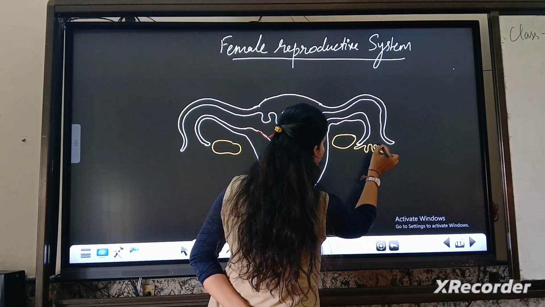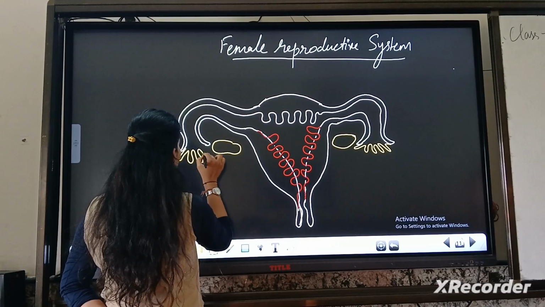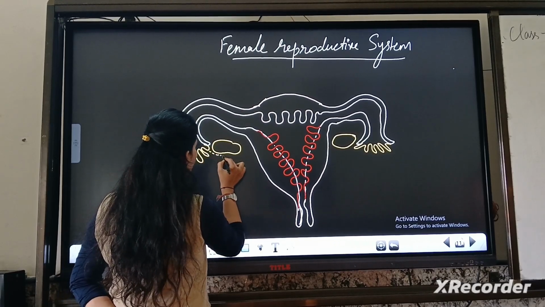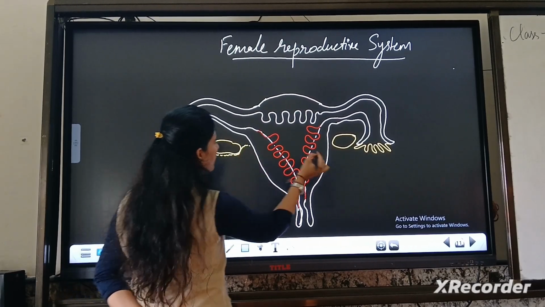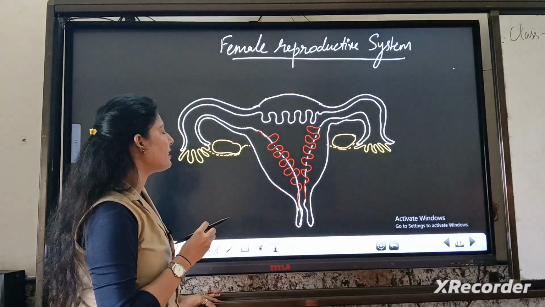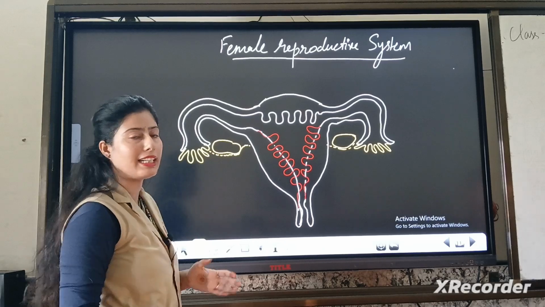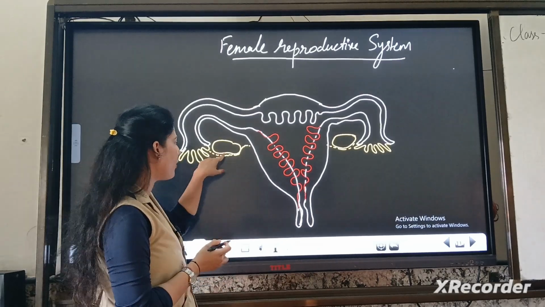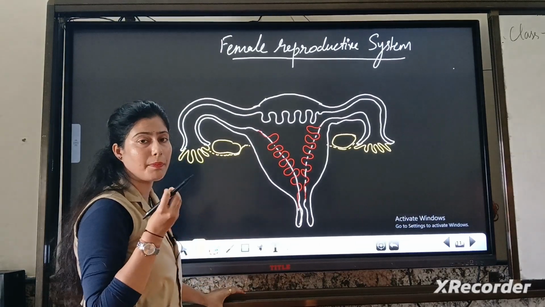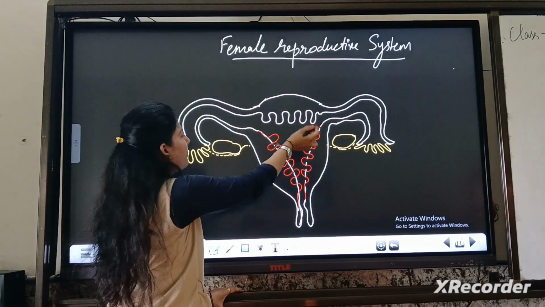This is how we made the reproductive structure. This female reproductive structure, I have already told you, is comprised of an ovary, which we know as the primary sex organ of the female, and the different types of ducts.